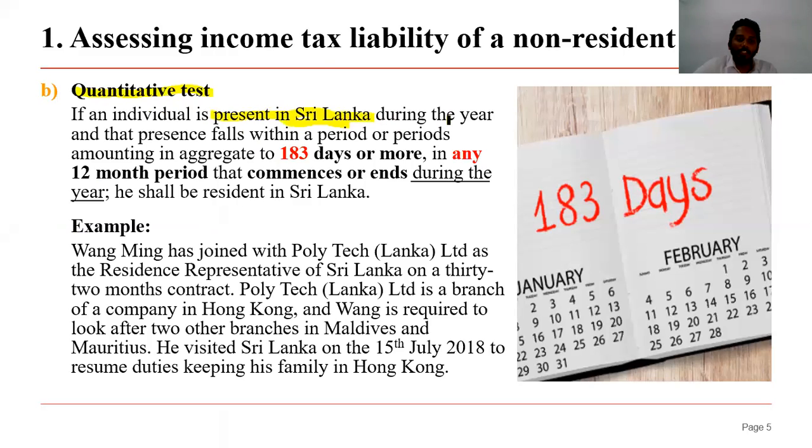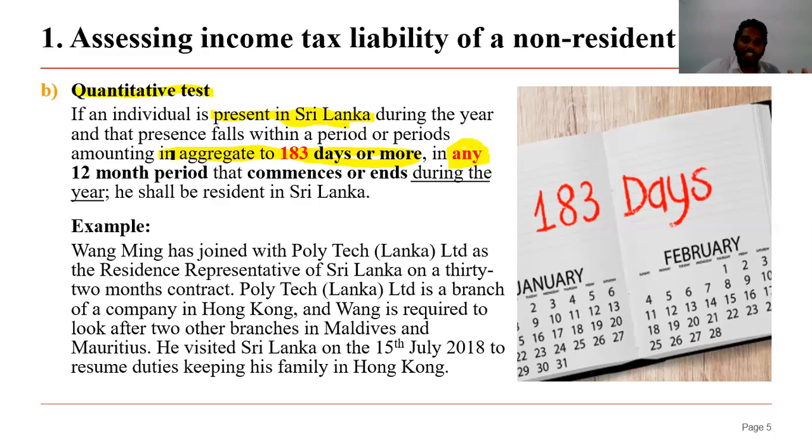Present in Sri Lanka during the year, and that presence falls within a period or periods amounting in aggregate to 183 days or more in any 12-month period, not the year of assessment. That is why I have highlighted the word any.